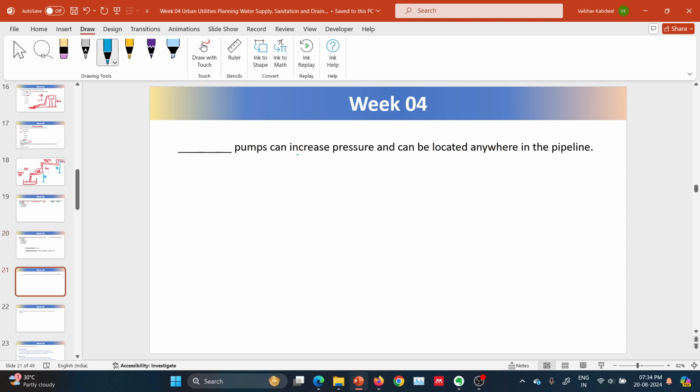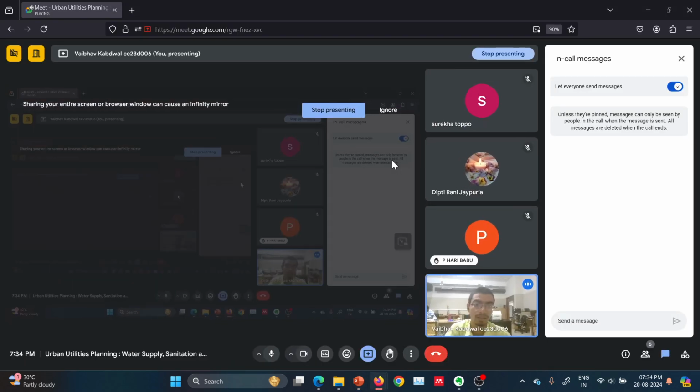These pumps can increase pressure and can be located anywhere in the pipeline. So what is the name of the pump? Can you recall?